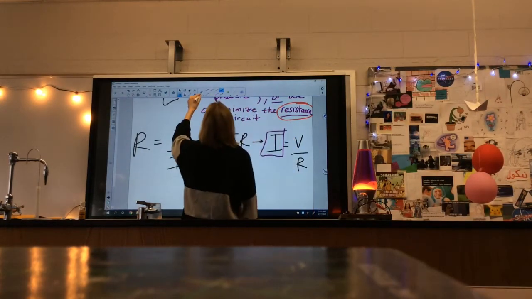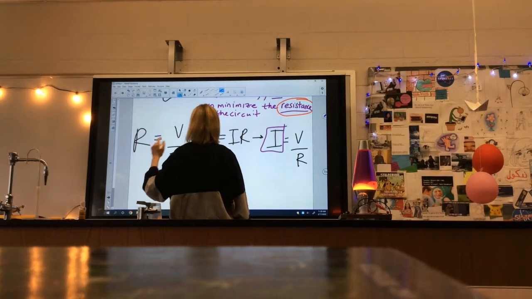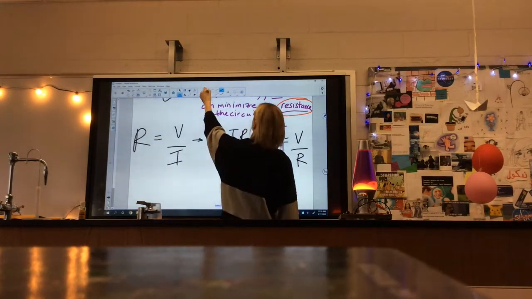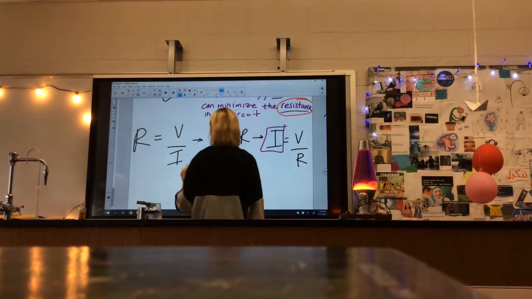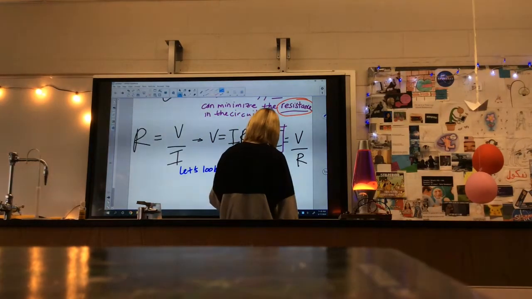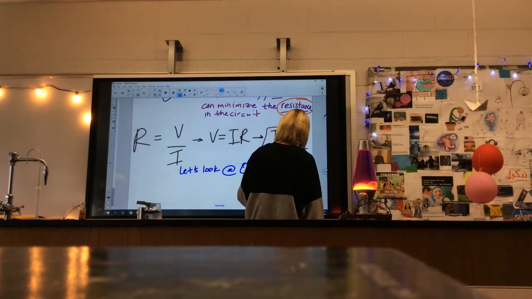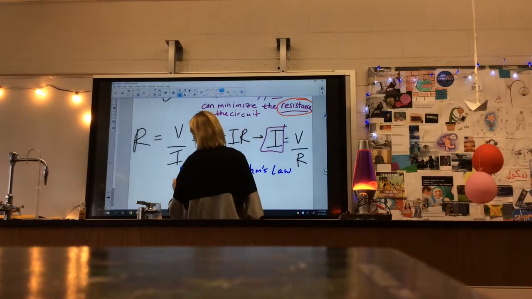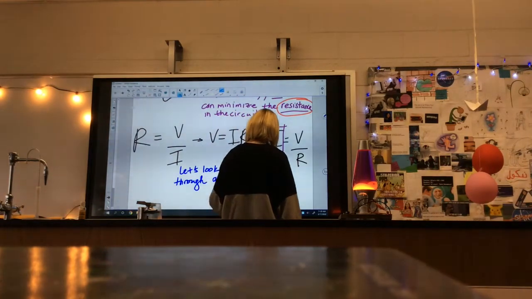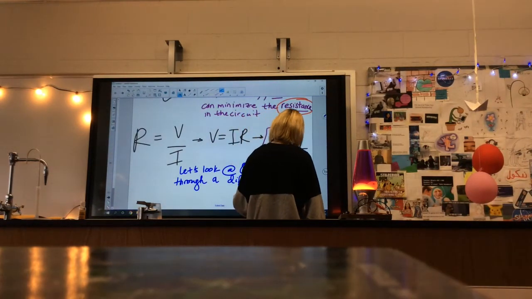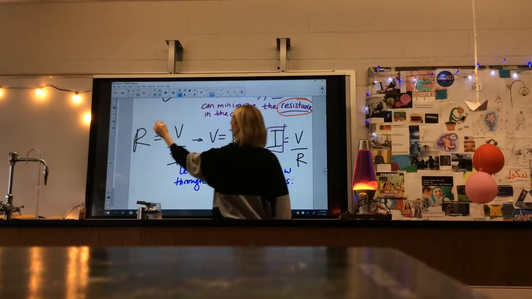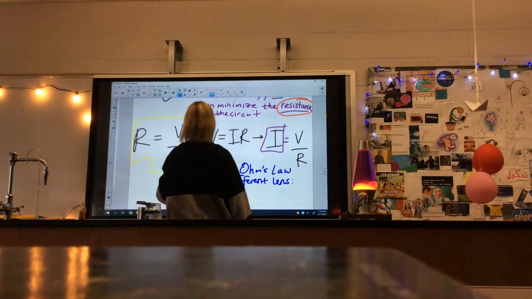Okay, so another way that you can look at this. Let's look at Ohm's law through another lens. So let's revisit the equation in its original format.